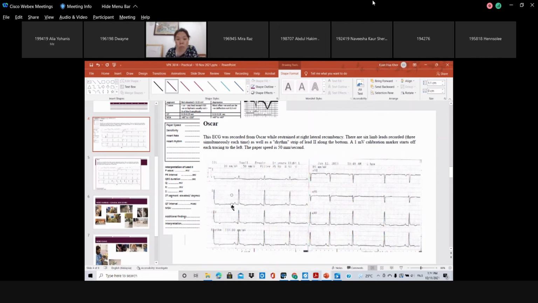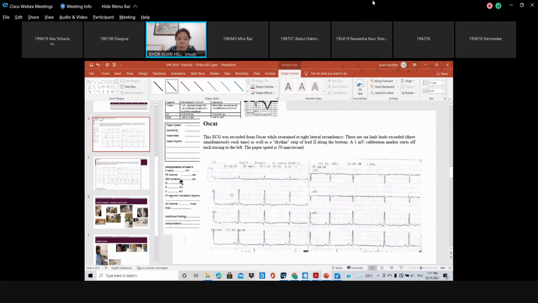So one small little box will be 0.1 millivolt. Very easy only. So the Q is negatively deflected and it's only one box, so you just write minus 0.1 millivolt.